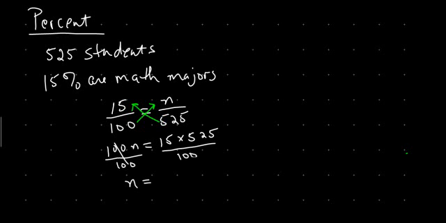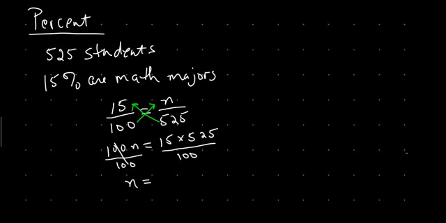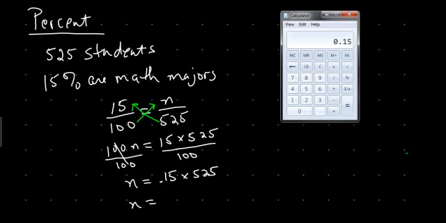Let's divide the 100 into the 15. 15 divided by 100 equals 0.15. 0.15 times 525. And we get that n equals 0.15 times 525, 78.75.